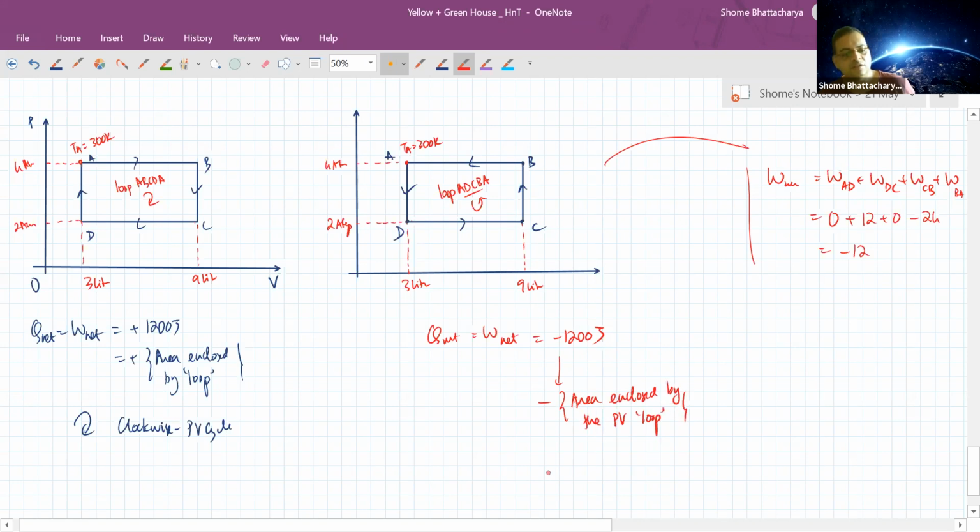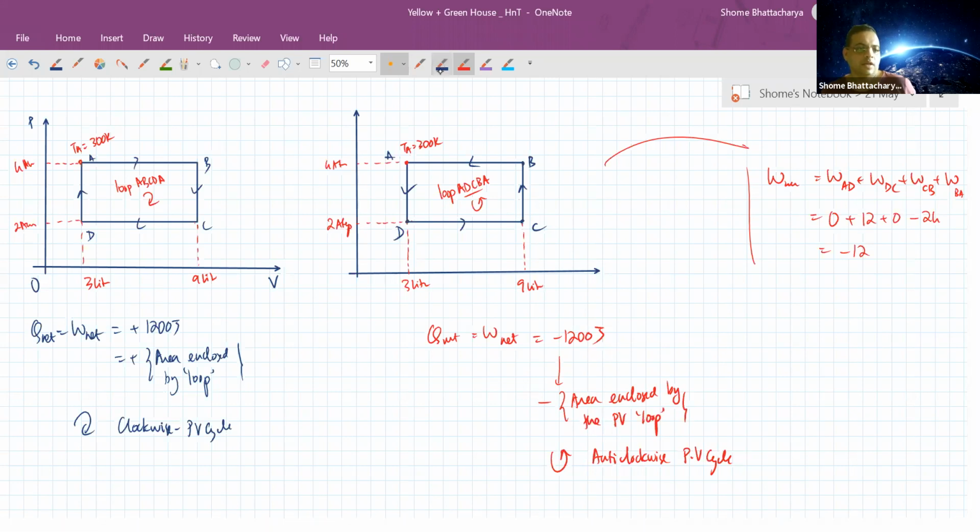So this is what happens whenever the loop is anti-clockwise. Anti-clockwise PV cycle gives us negative Q and negative W, or negative of the area enclosed by the loop. So whatever we are seeing for this rectangular loop, we can actually generalize it for any shaped loop.